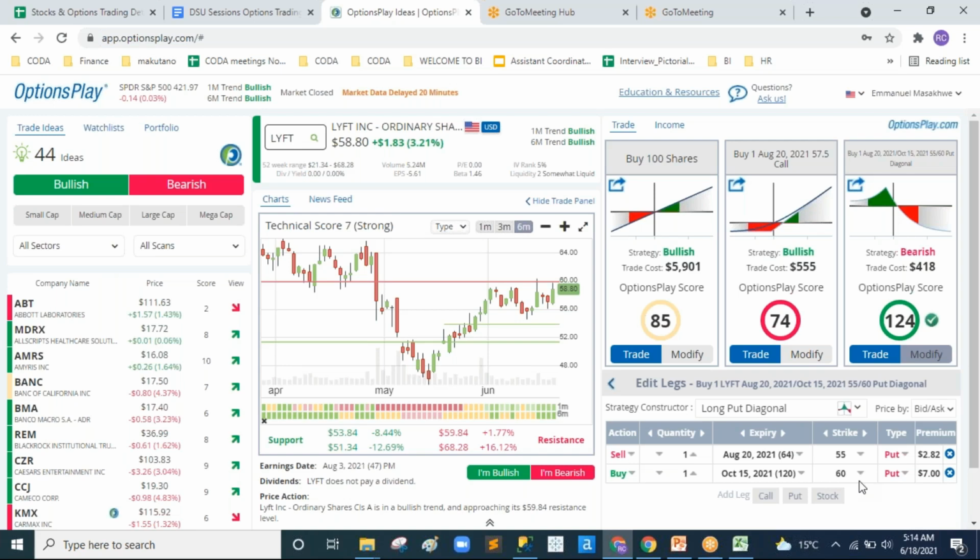So it will be at 4.18. Okay, yeah, that's true. So the width is at 5, and the debit is at 4.18.